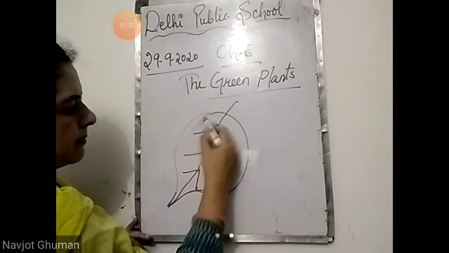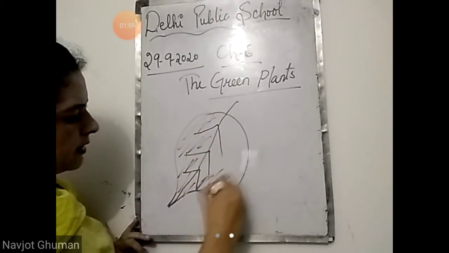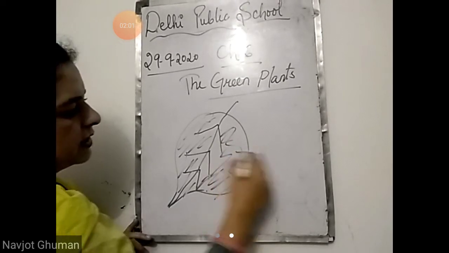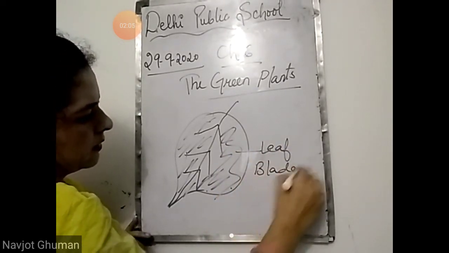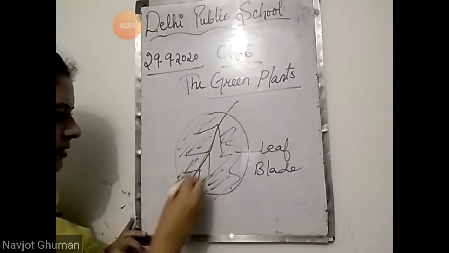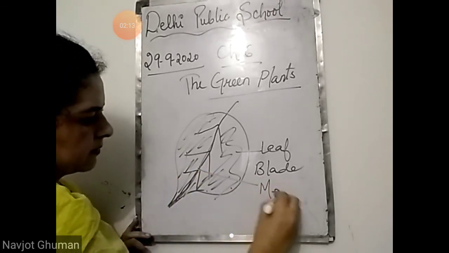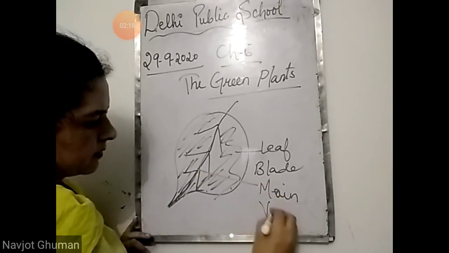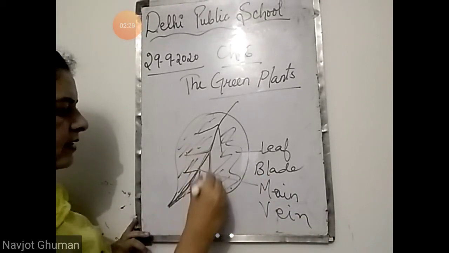This is the flat part of the leaf, and this is called leaf blade. Next, there is a vein in the center that is called main vein. Then there are several side veins.